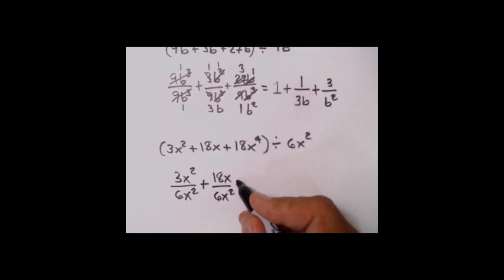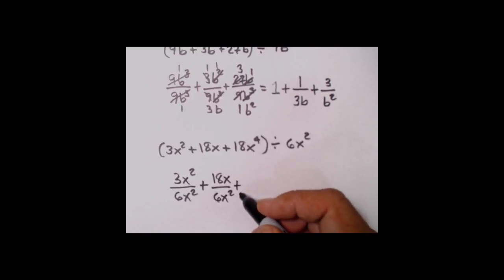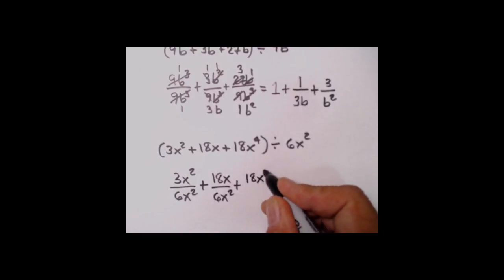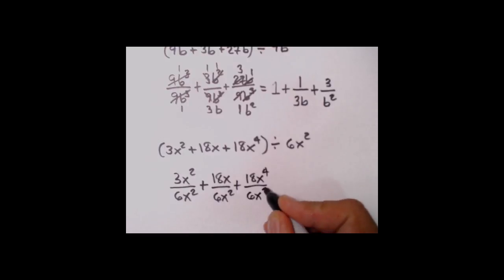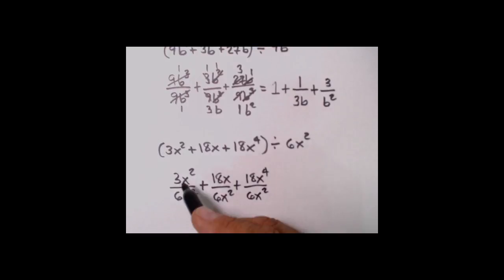Then one last term, again a plus. If it would have been a minus, I'd put a minus. 18x to the 4th. Okay, and again divided by the 6x squared. Okay, well now you're all set. Just simply reduce each of these, and that'll give us our answer to the division problem.